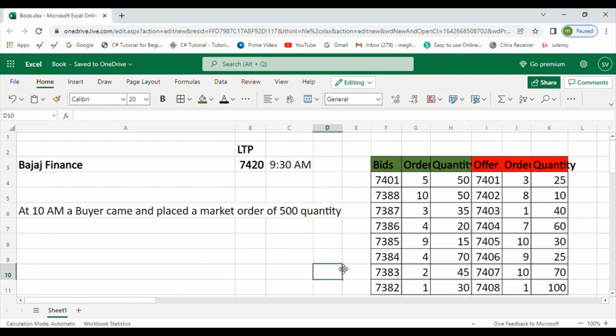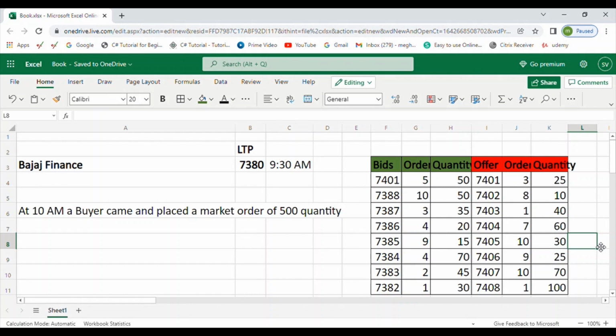Now when this happens, again the last traded price will be something like 7380 or so, which is why we see a decrease in the share price of Bajaj Finance. So this is how demand and supply plays.